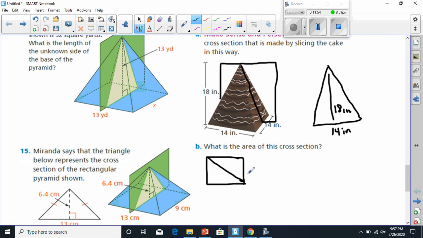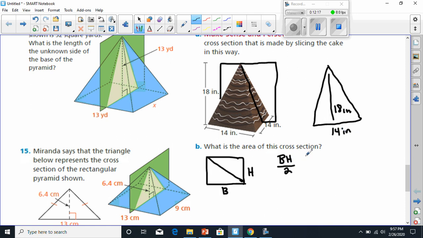That tells me that I'm going to use the formula for a rectangle and slice it in half. My formula for rectangle is base times height. Then that means I'm going to take base times the height and divide it by 2.